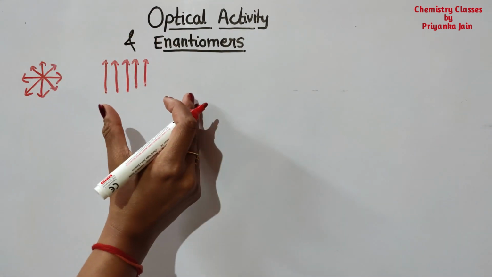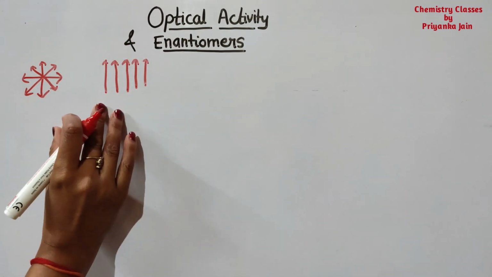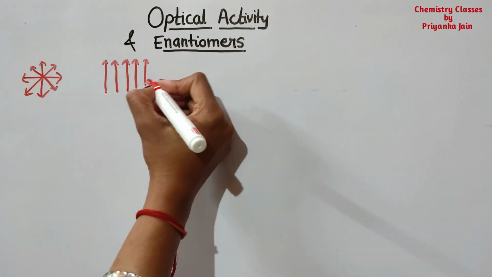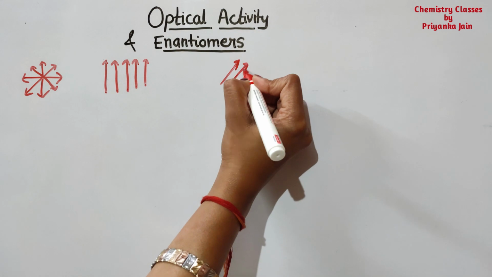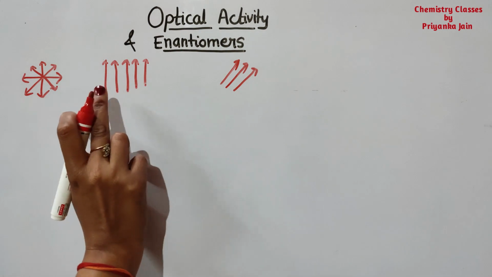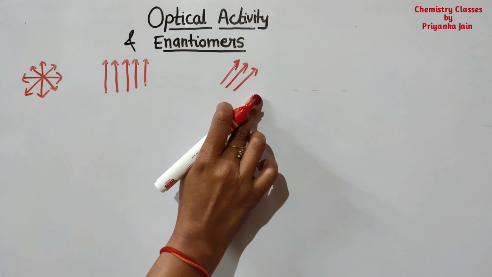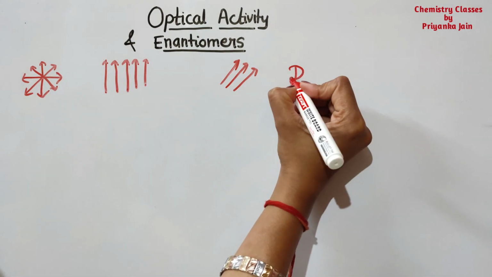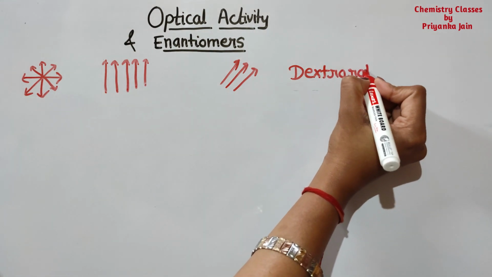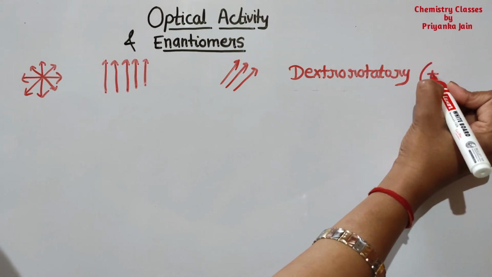What is the speciality of optically active compounds? They can rotate this light in either direction. If they rotate the plane of the plane polarized light to the right, then they are called dextrorotatory, and they are shown by the plus sign.